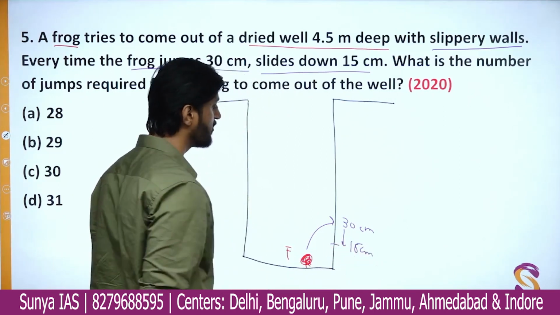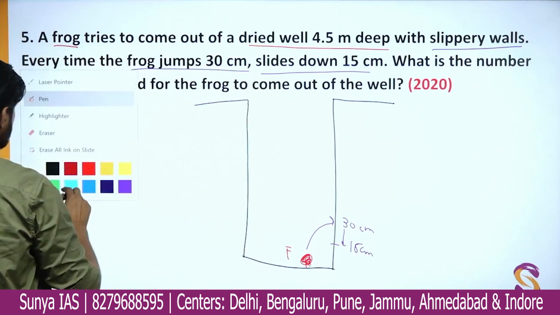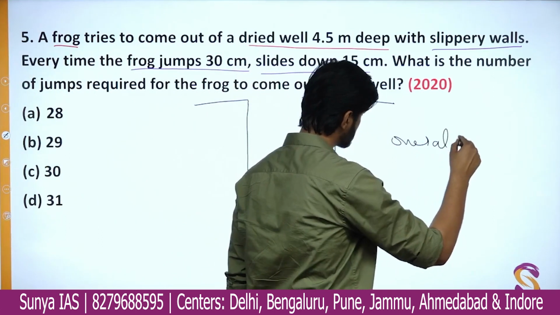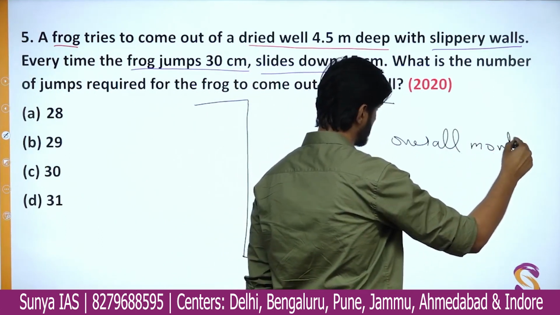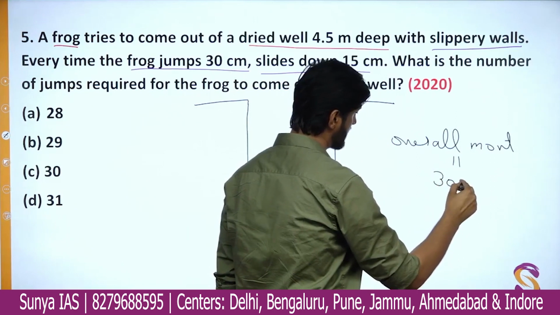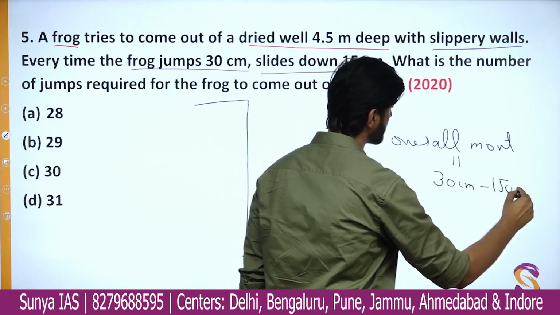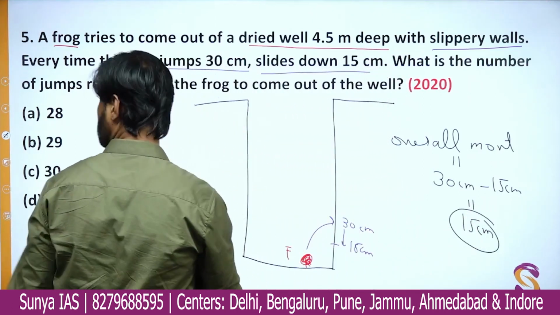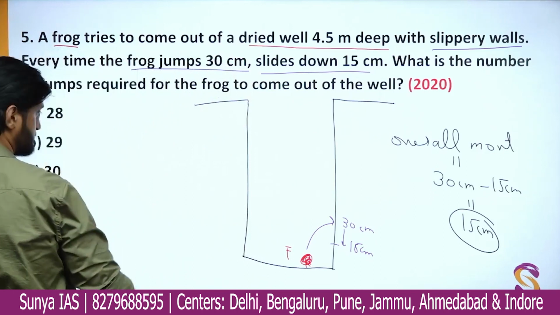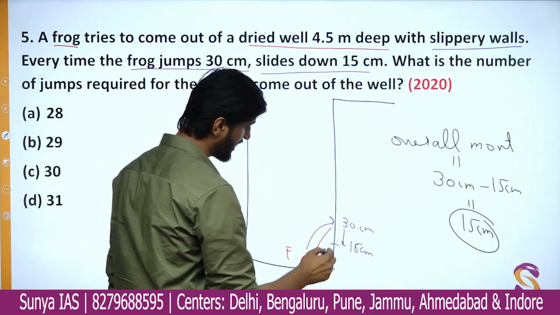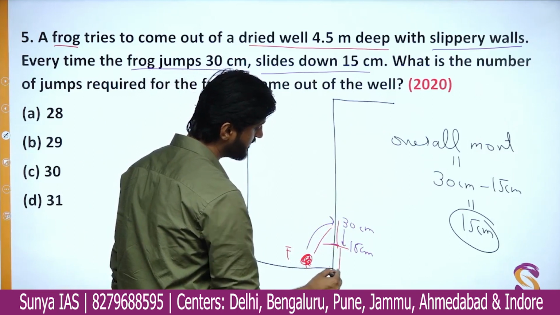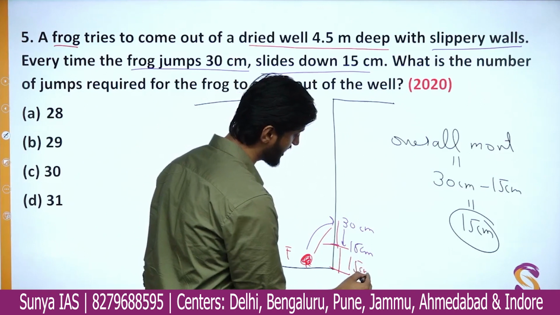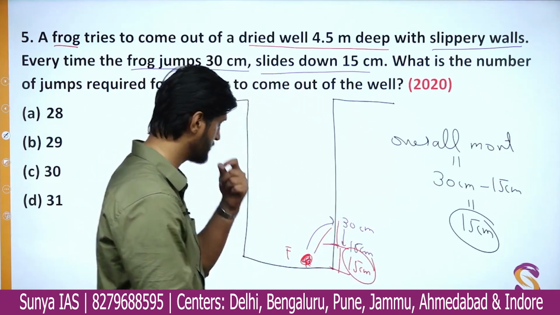So overall we can say once he makes a jump and he actually slips down, the overall movement he is having will be 30 centimeters minus 15 centimeters, that is equal to 15 centimeters. So he jumps once, okay, and then he slips down. So the ultimate displacement he is having in the vertical direction is going to be only 15 centimeters at a time, right, in one jump.